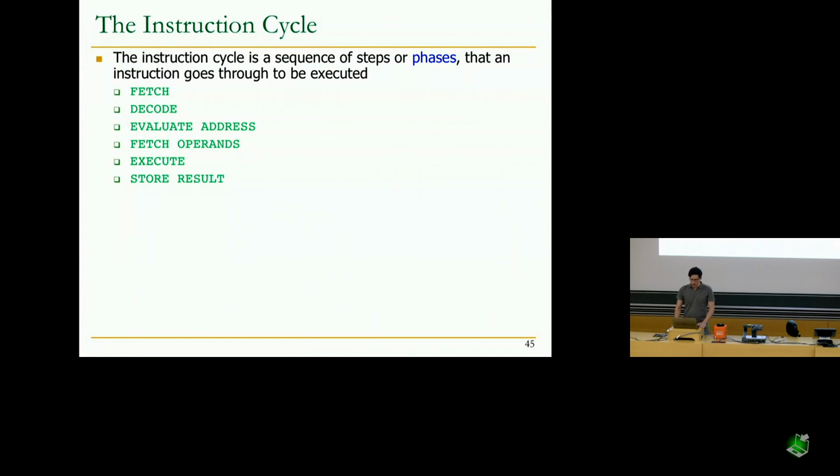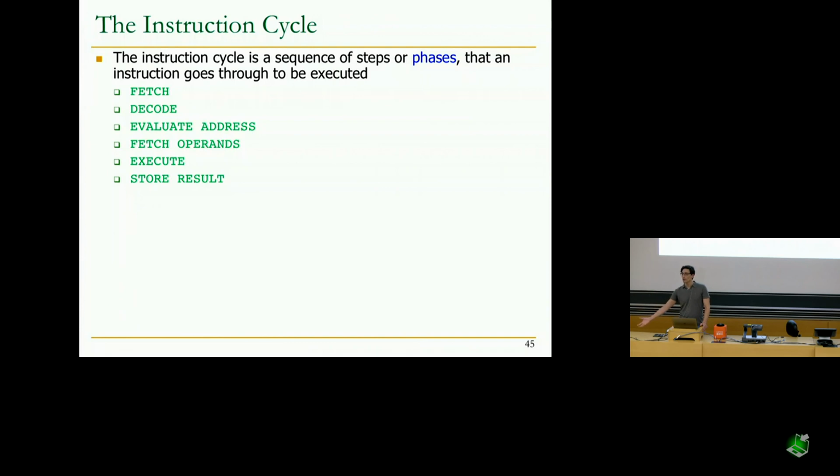Now let me show you that this instruction cycle, in the LC3 architecture at least, has 6 phases. These are the fetch, the decode, the evaluate address phase, the fetch operands, the execute, and the store result phase.